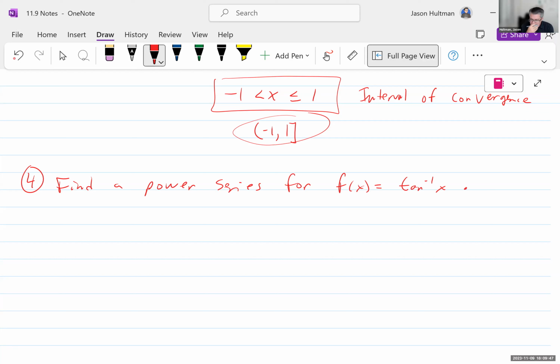So this one's a little tricky in that we're going to take a derivative or integrate in order to get inverse tangent of x. Well, which one kind of lends itself really nicely?